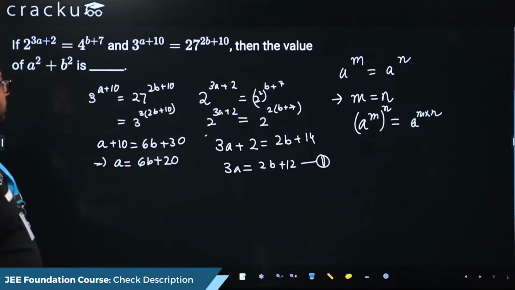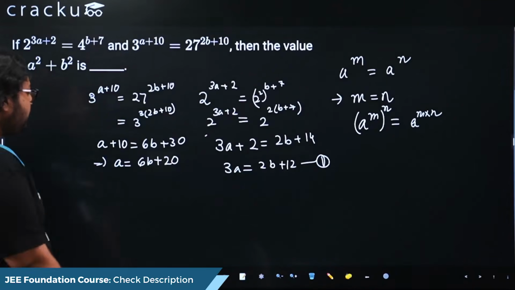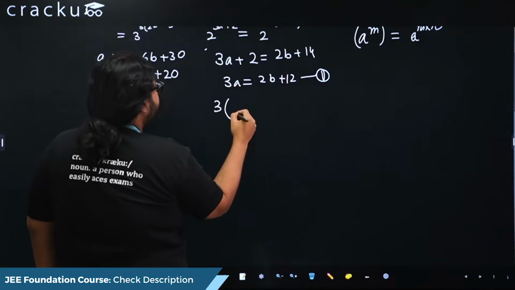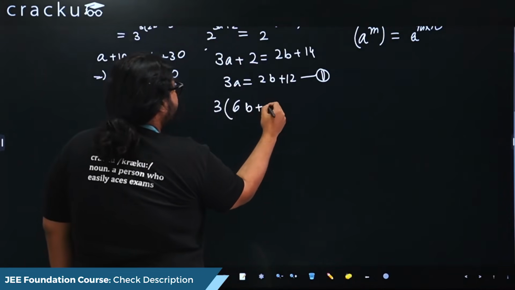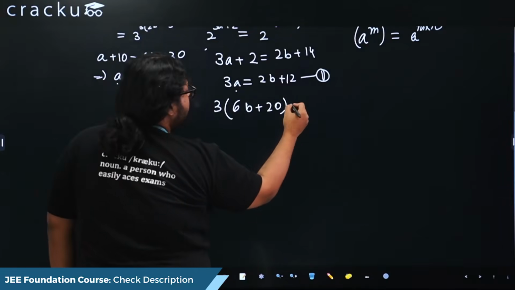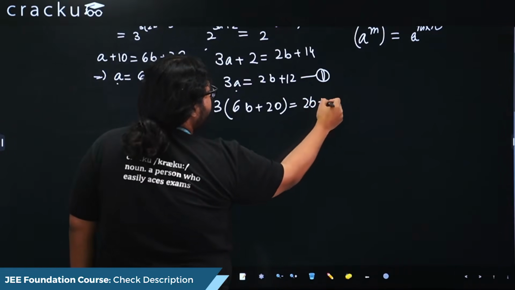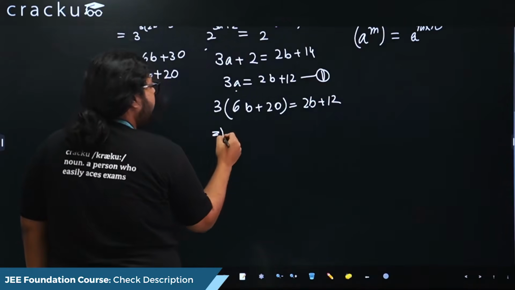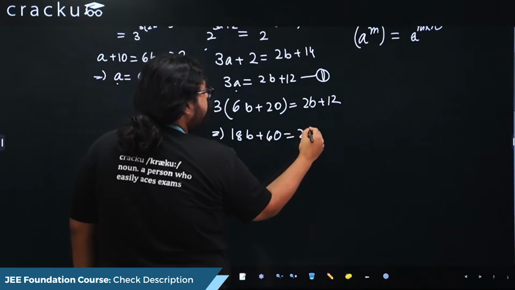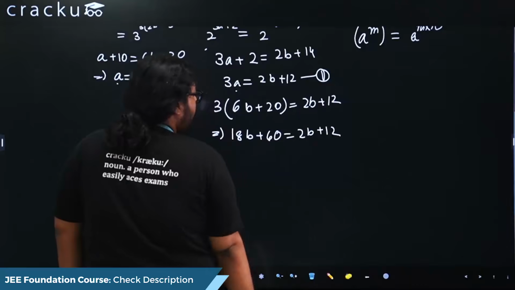Okay, so now I can solve for b, right? I can just substitute the value of a here. I substitute this, then 3a is equal to 3 times 6b plus 20. In place of a I am putting this. This is equal to twice b plus 12. So that gives me 18b plus 60 is equal to twice b plus 12.